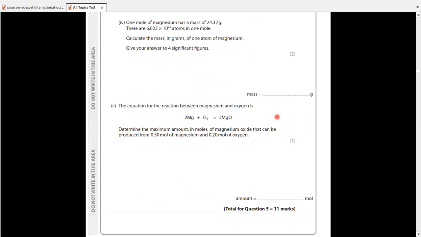The equation for the reaction between magnesium and oxygen is 2Mg plus O2 gives 2MgO. Determine the maximum amount in moles of magnesium oxide that can be produced from 0.5 mole of magnesium and 0.2 mole of oxygen.